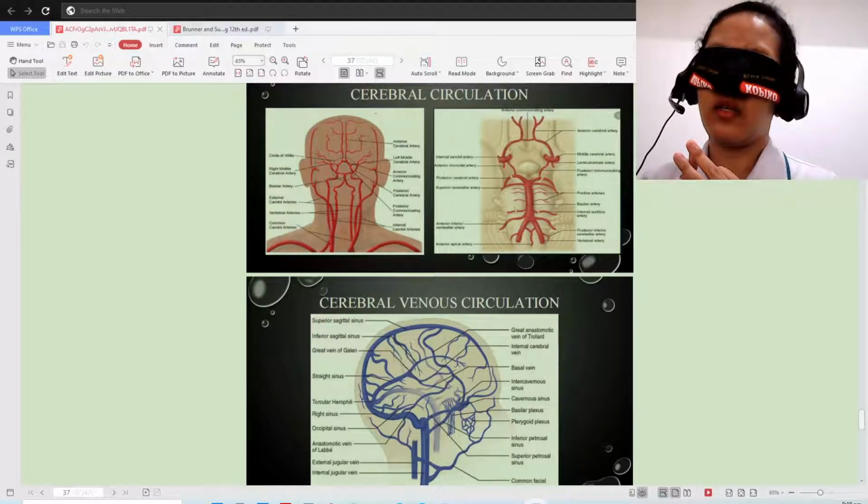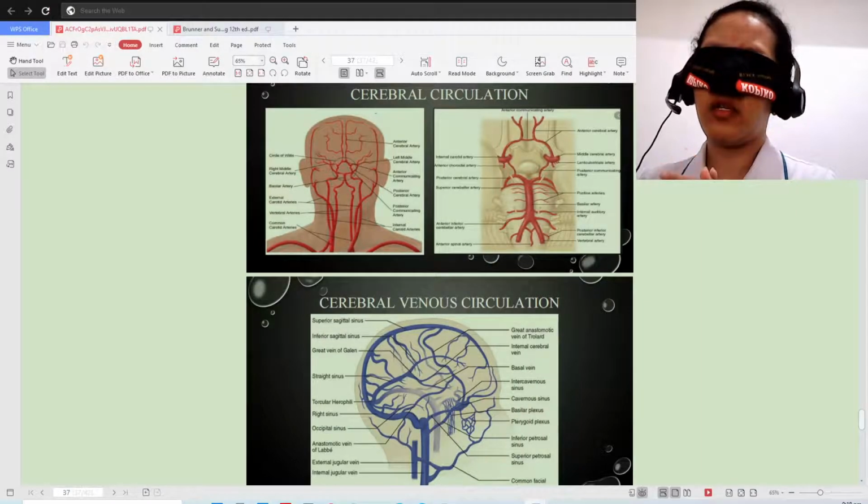It also connects the two anterior cerebral arteries. And then the posterior cerebral artery supplies blood to the posterior part or the occipital lobe.